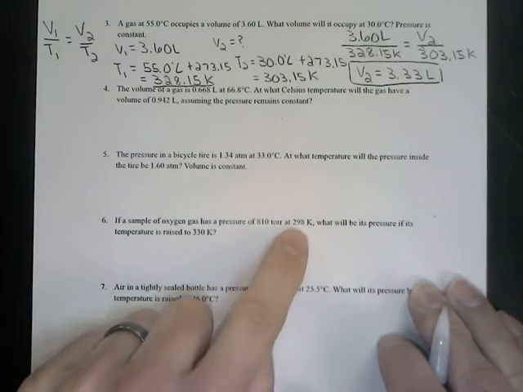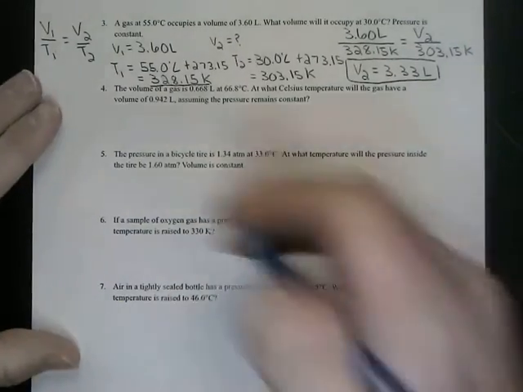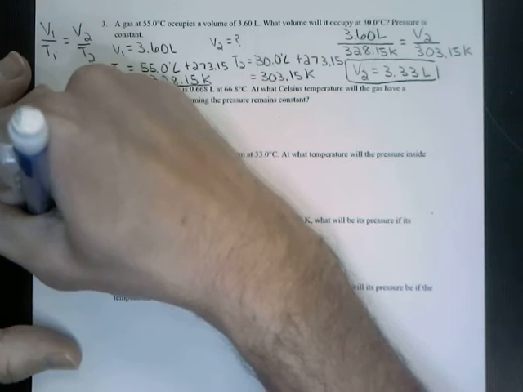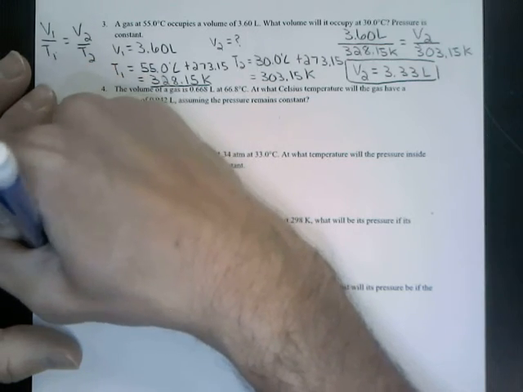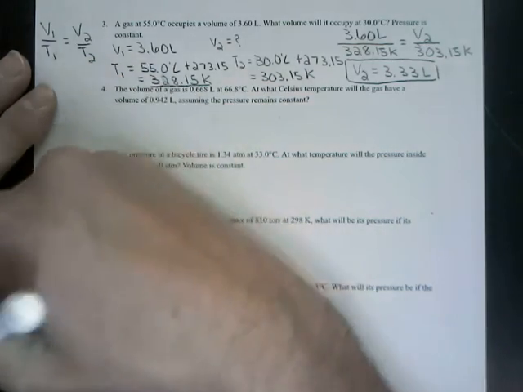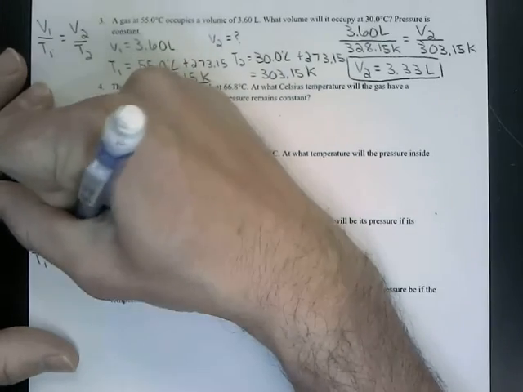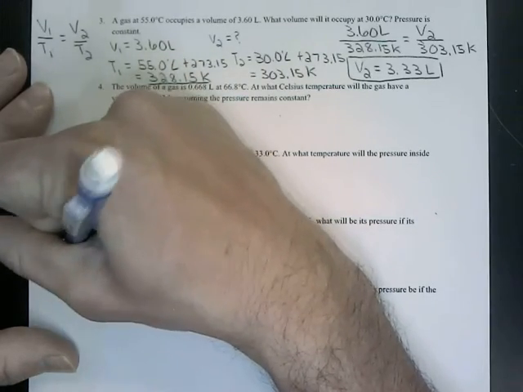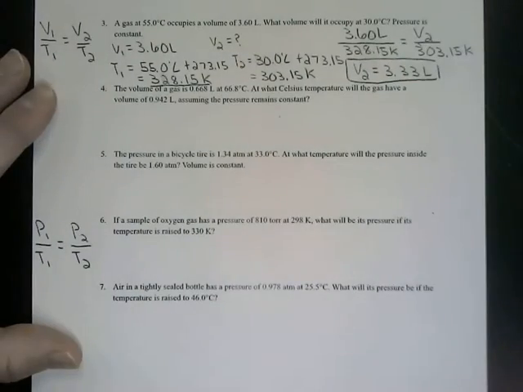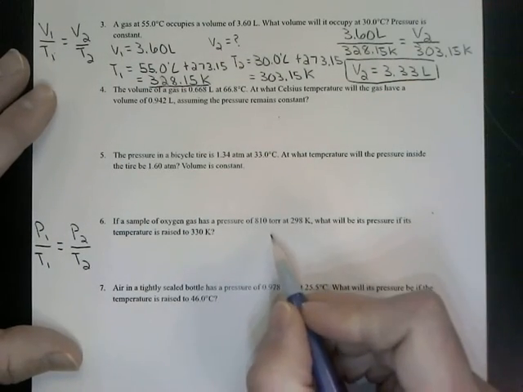We have pressure and we have temperature. So that means we're going to use P1 over T1 equals P2 over T2.